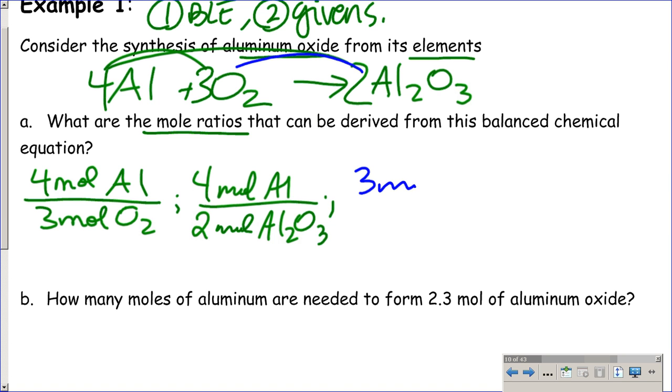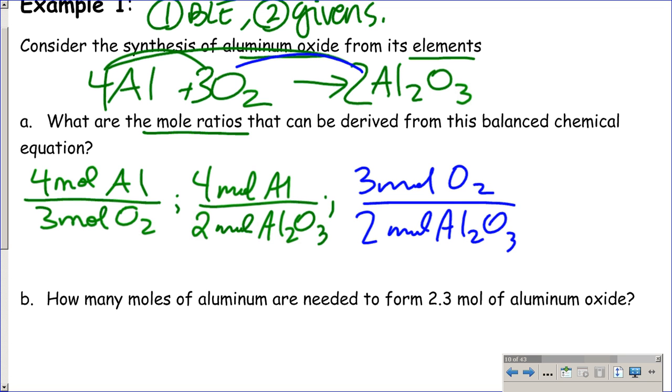So 3 moles oxygen over 2 moles aluminum oxide. I'm pretty sure there's no other actual comparisons except you could flip all of these. You could flip them all to be, 3 moles of oxygen on top, 4 moles of aluminum on the bottom, and so forth. So the mole ratio part, writing it, is just simply pulling coefficients down and writing the units.